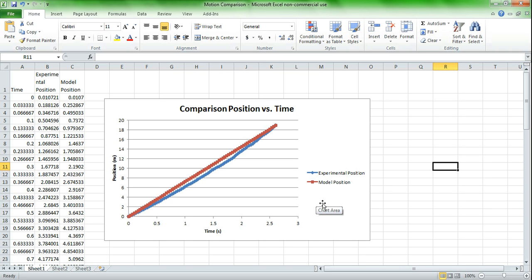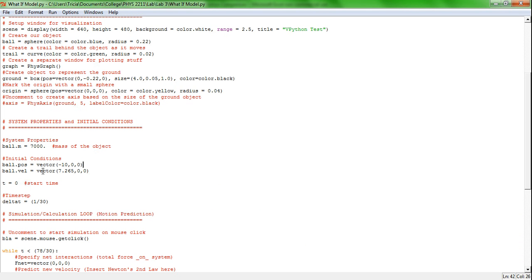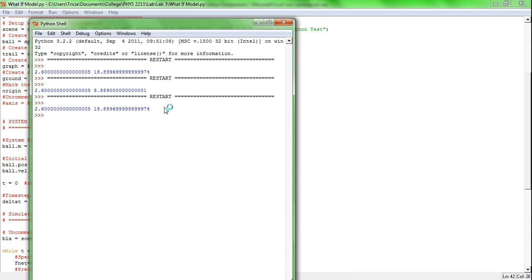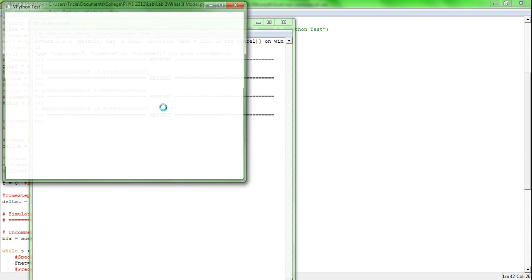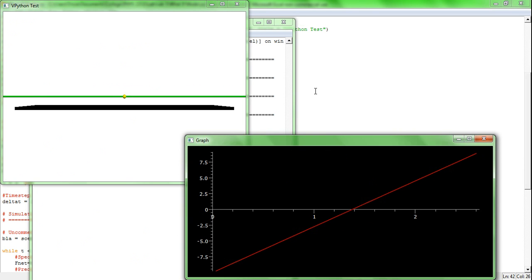So then for the what if, I thought about what would happen if the origin was someplace different. To illustrate this, I went back to the same program, and I just changed the initial position to be -10, 0, 0 instead of 0, 0, 0. Then when I ran this, it looks like the same motion, except the ball started from the left and then moved to the right.